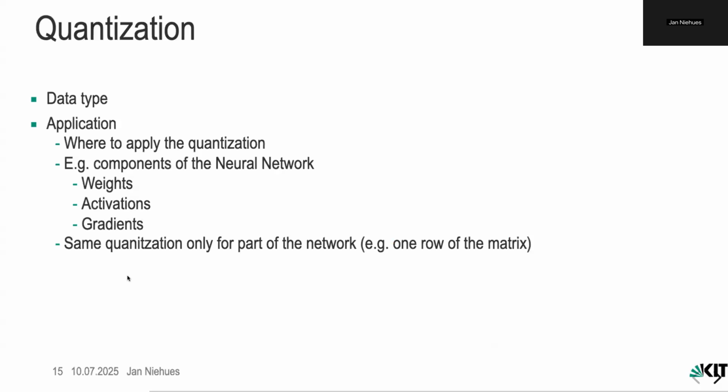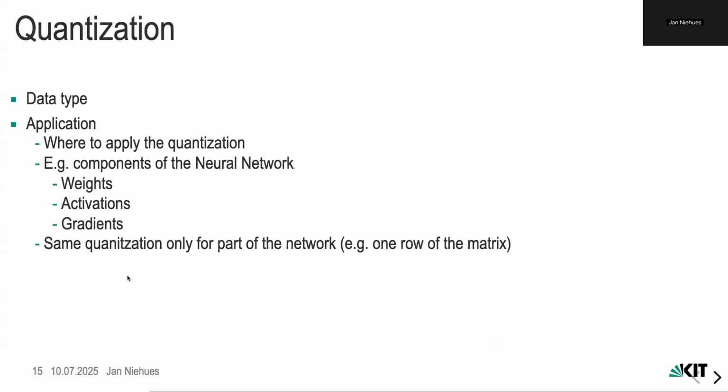The second question we have to address is, how do we want to apply this type of quantization? One question in the neural network is, of course, what do you want to quantize? Do you quantize everything? Do you, for example, only quantize the weights and keep the activations full, and then you always have to recalculate? Do you do the gradients also in training? And then also, when you now learn this type of quantization mapping, do you learn the same mapping for everything, for the whole network?